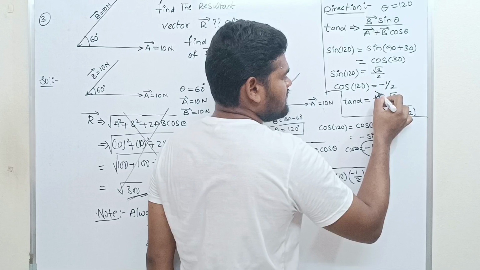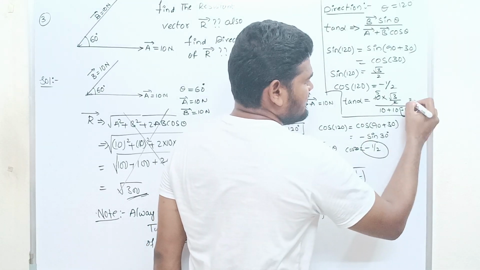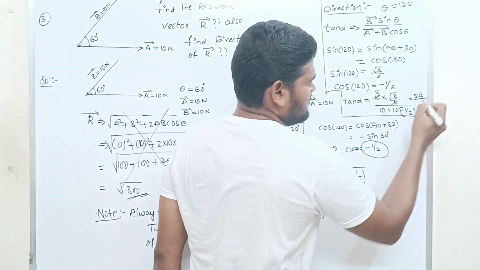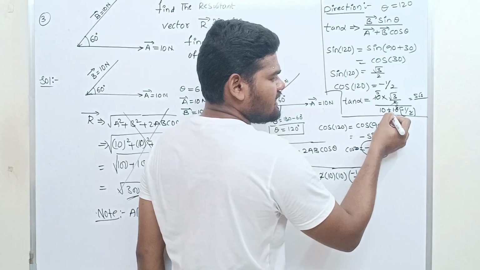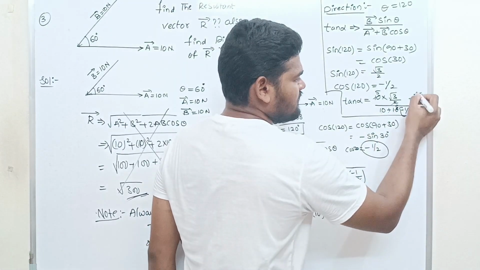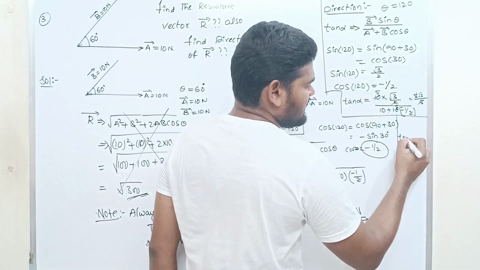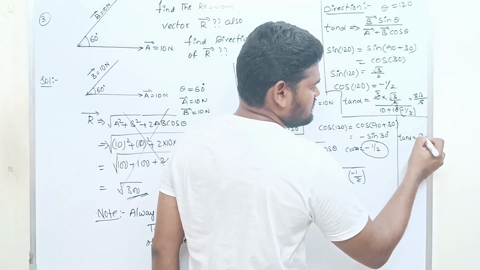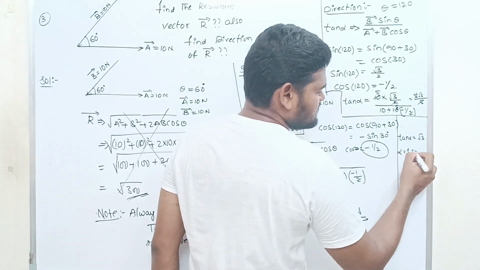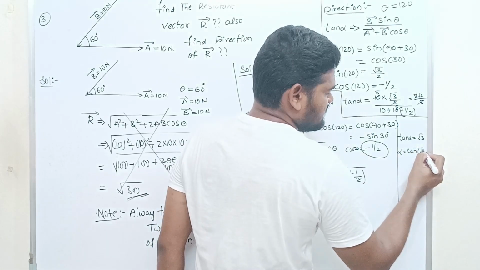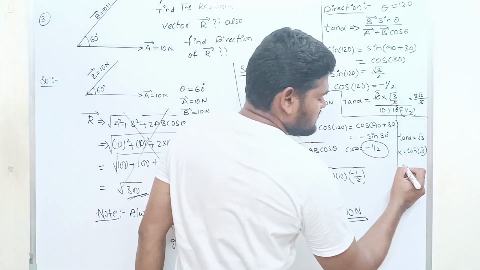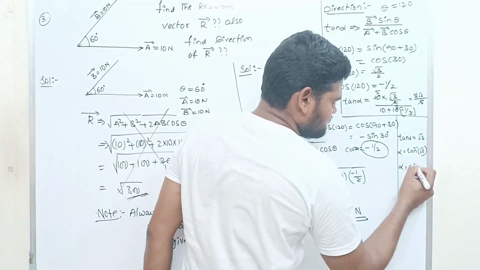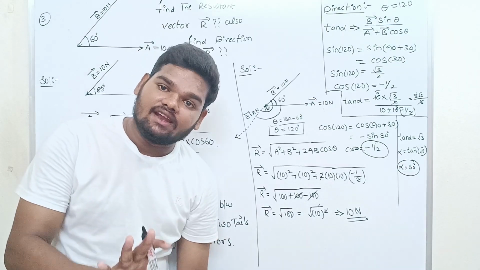So 5 root 3 in the numerator, divided by 10 minus 5. The 5s cancel out, and we get tan alpha equal to root 3. So alpha is tan inverse of root 3. At what angle do you get root 3 for tan? Alpha is 60 degrees. Is it clear? Any doubts?